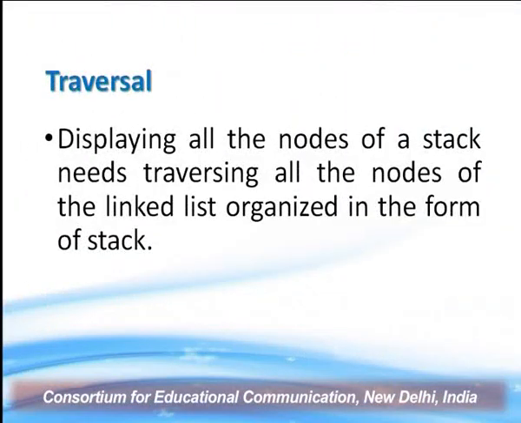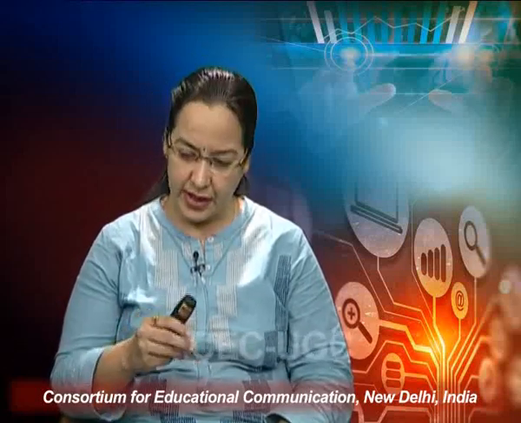Then coming to traversal. Traversal is displaying the nodes of a stack which is available in the form of a linked list. That linked list is organized in the form of a stack, and we need to traverse it. So what are we going to do? We just need to keep on printing the values pointed to by the head pointer and shift the pointer.